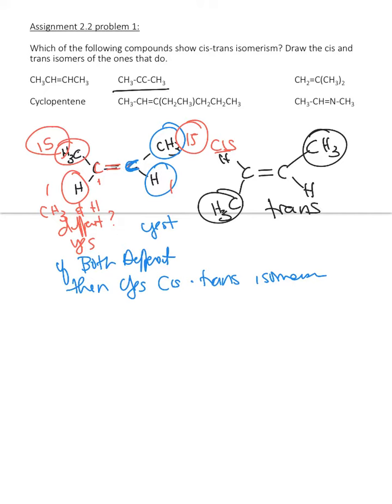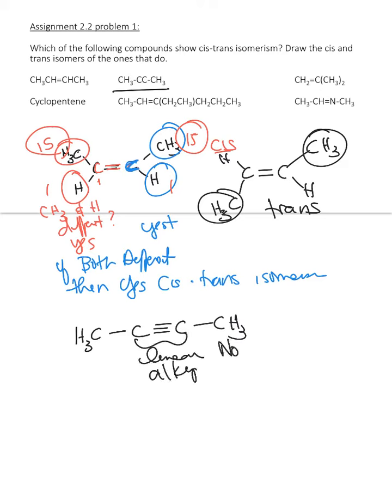Okay, go to the next one. CH3. This is an alkyne, CH3. This is linear. So alkyne, the triple bond, no isomerism. Okay, the next compound.